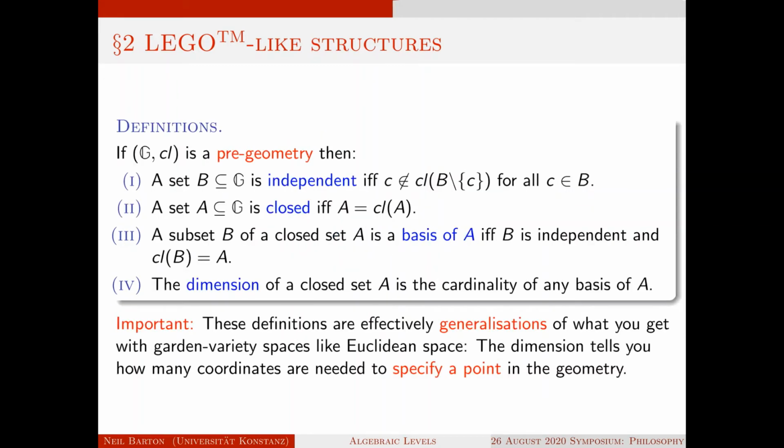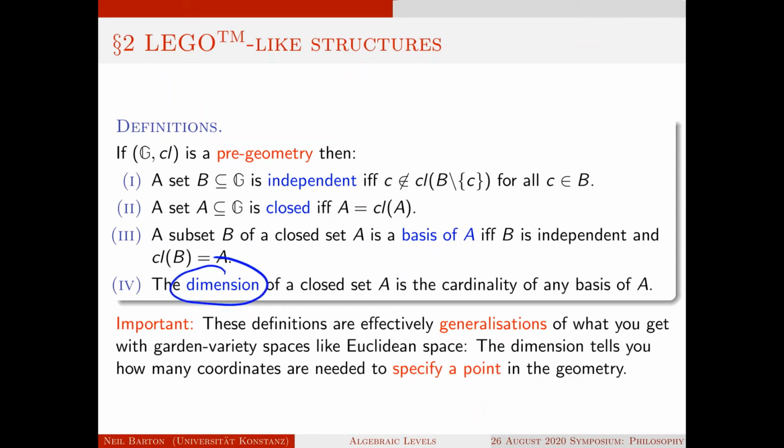Right, so with this idea of a pre-geometry in hand, you can come up with various notions closely related to the idea of a vector space. So, for instance, you can define what it is for a set to be independent, you can define what it is for a set to be closed, but in particular, you can also define what it is for a set to have a basis and come up with, and this is very important, a particular notion of dimension.